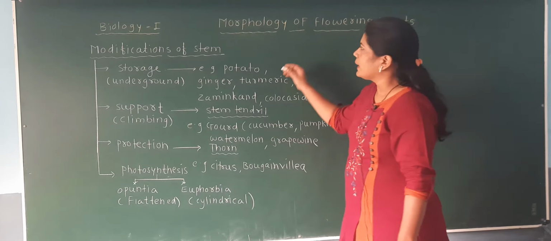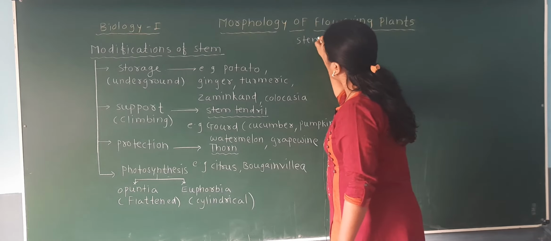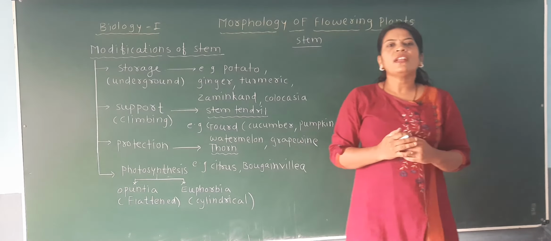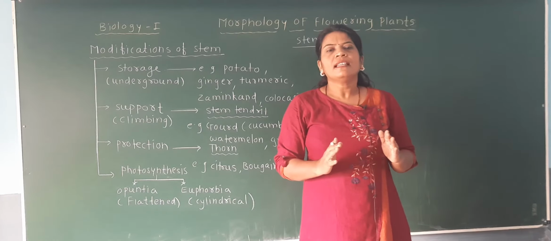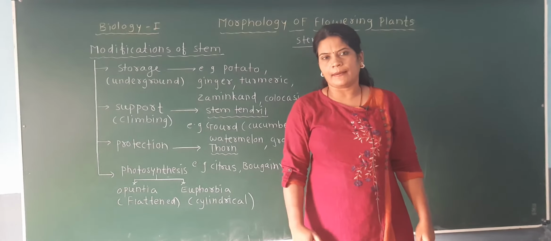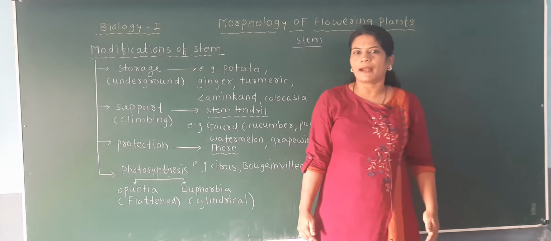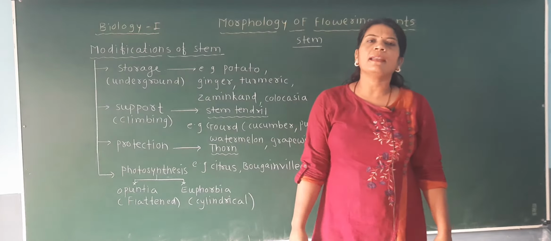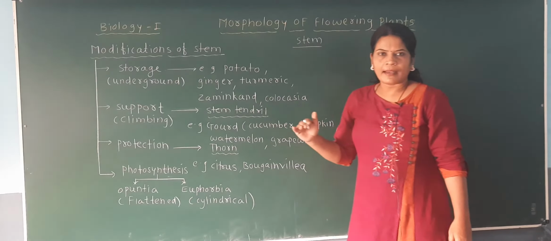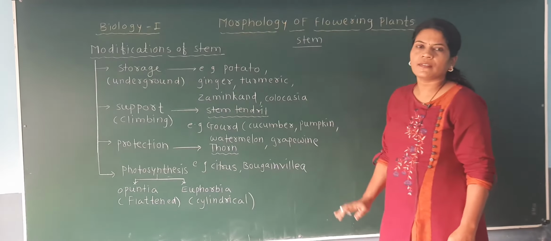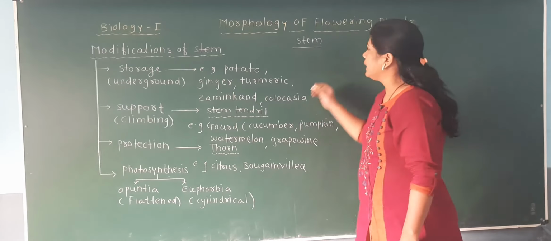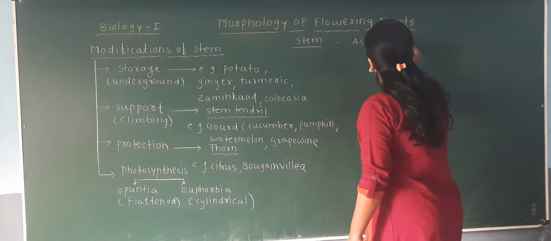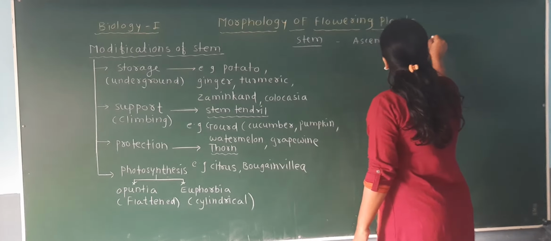The definition of the stem is that it is the ascending part of the plant, because root is the descending part while stem is the ascending part of the plant axis. Again I will repeat it, stem is the ascending part of the plant.